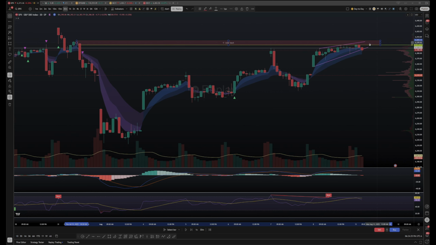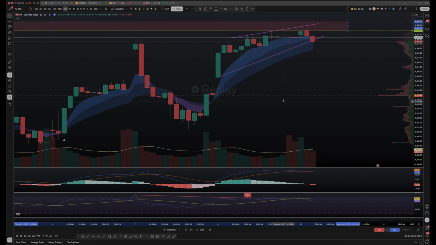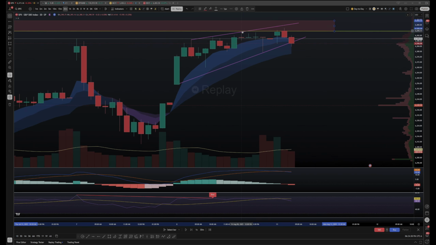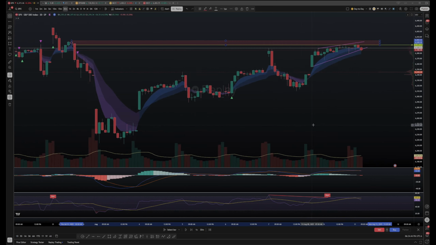So if this is going to be a supply zone, you potentially have orders waiting to get sold at very key levels. So when you're within just a couple cents away, that doesn't count. The price needs to get in there so those orders can get filled, right?